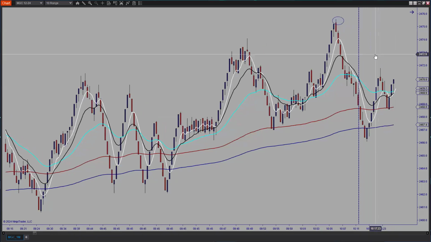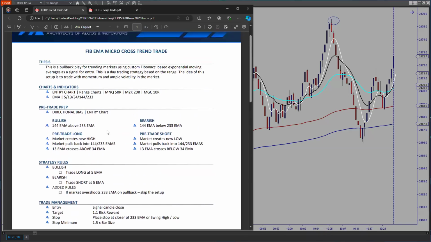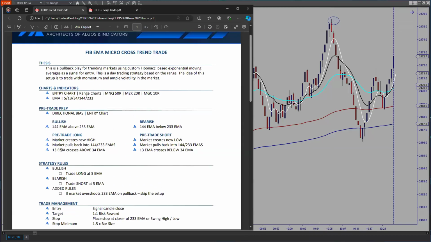We need the 13 to cross back above. That happens right here, yeah? So this is where our pre-market conditions, our pre-trade conditions have been met. We made a higher high, check. The market pulled back into the 144/233 and the 13 crossed above the 34. So we're good, right?